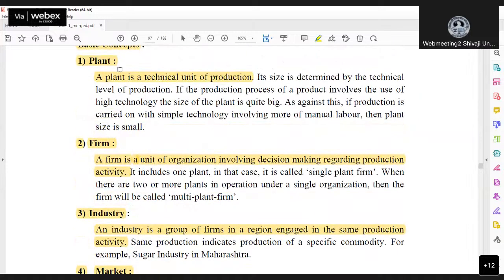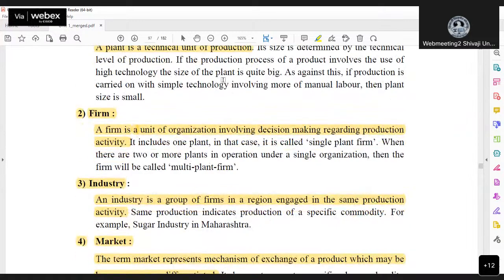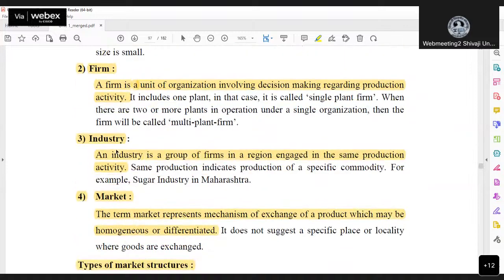We have produced a product at the plant. We have taken the decision regarding what to produce in a firm. A group of firms in a specific region is called an industry, and that industry produces products to exchange in a market.